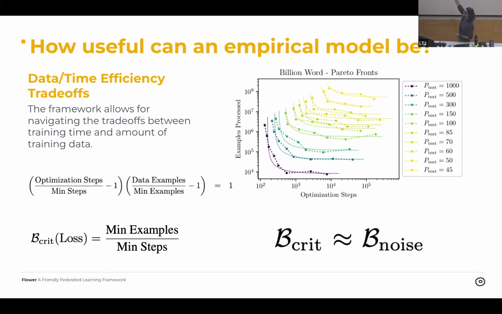In this case, P-test is basically the loss, the value of the objective function that we want to optimize for. Now, this framework is useful then to navigate these trade-offs and understand data-time efficiency trade-offs. So how many steps we need to do, how many examples we need to process in order to achieve some specific value of the loss we're looking for.